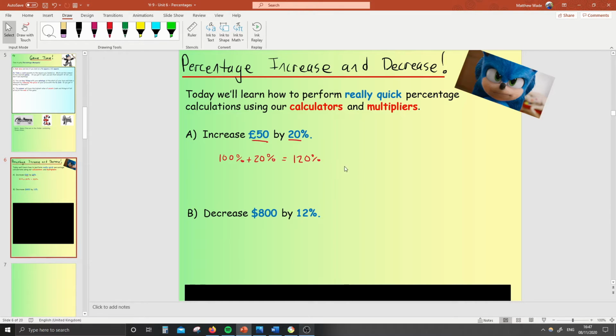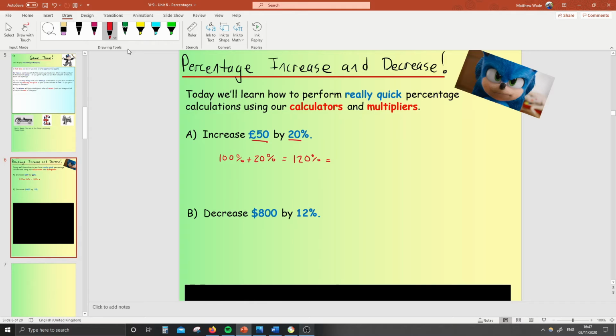Now, that's okay, but some calculators have a percentage button, some of them don't, and the percentage button works differently depending on the brand of calculator that you have. So we've got to have a shortcut way of doing this that doesn't use the percentage button. And here's what that shortcut is, buddies. Turn the percent into a decimal. How do you do that again?